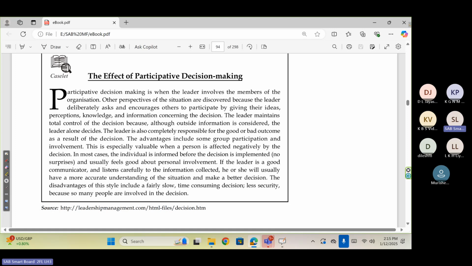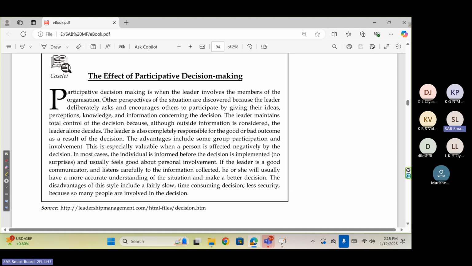Therefore, the leader maintains total control of the decision because although outside information is considered, the leader alone decides. The leader is also completely responsible for the good or bad outcome of the decision.